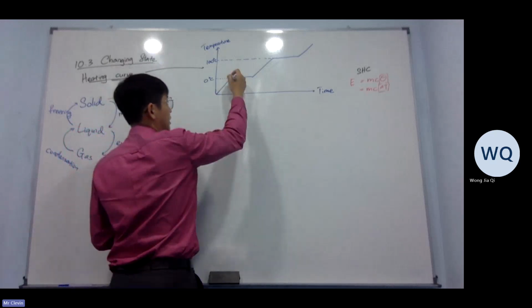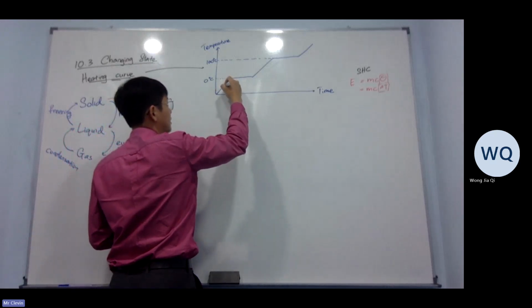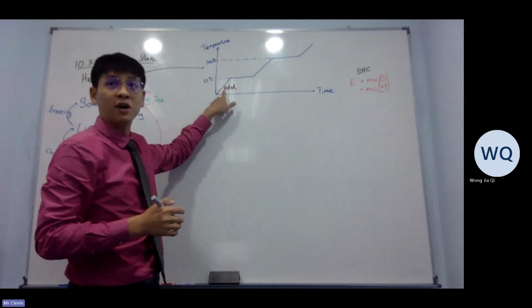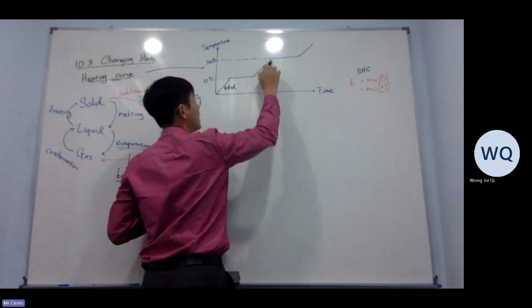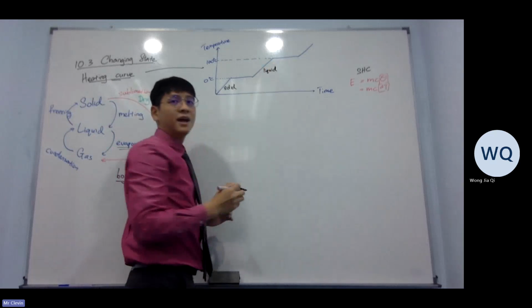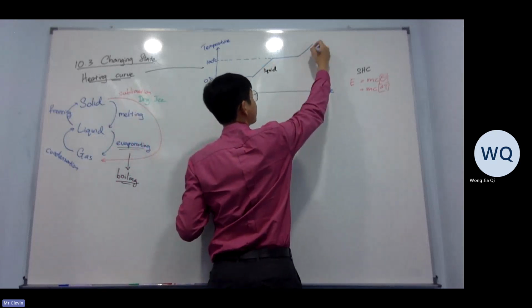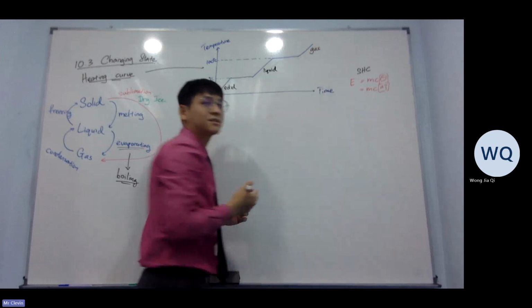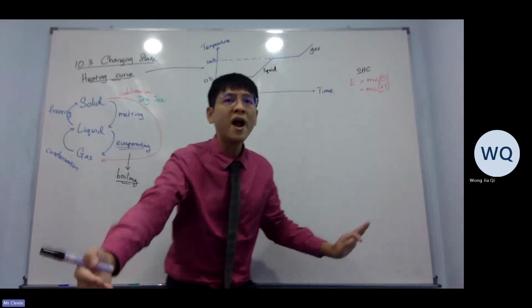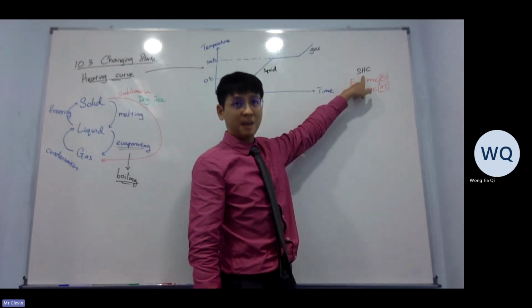The first one is this one. This straight line going up tells us that it's solid. This line tells us that it is a liquid. And the last part, this 45 degree straight line, tells us it is a gas. So these three components are where you use specific heat capacity.